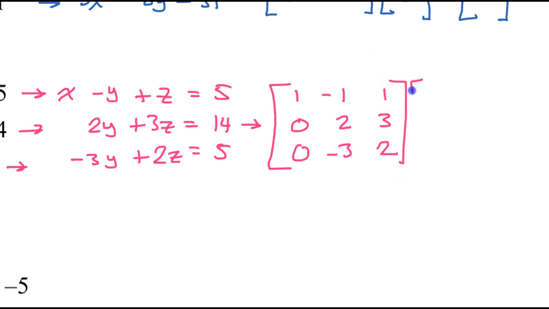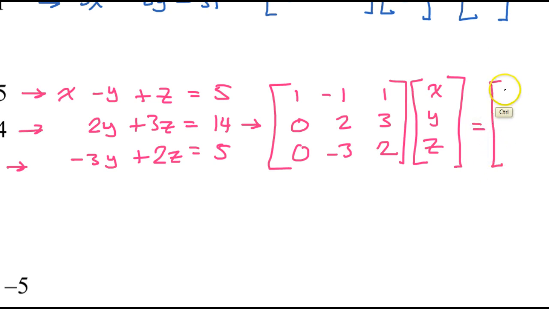Okay, if I multiply that times my variable matrix, which will be X, Y, Z, that should equal the answer matrix 5, 14, 5. We will call this matrix A, and we'll call this matrix X, and we will call this matrix B.